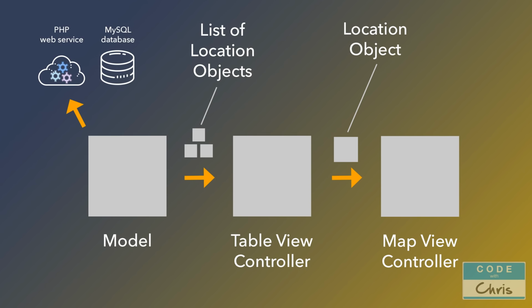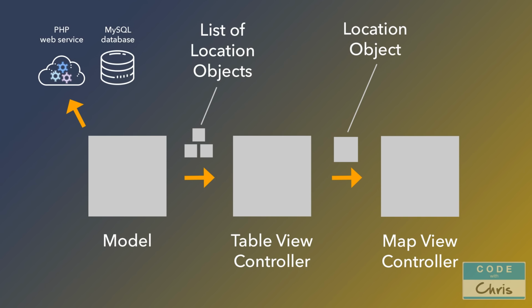It's going to be a table view that's going to show two rows. When you tap on one of those rows, you're going to go off to a map view. So we have another detail view controller, or map view controller, which is going to display the map and the selected location designated by a pin on the map.